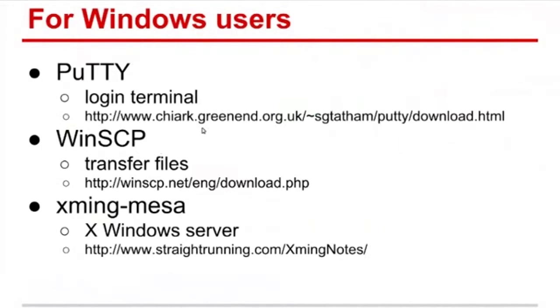In addition, if you want to do any graphical work, you need an X Windows server, and that one you can get is called Xming-Mesa. There is a version called just Xming, but for some things you need the Mesa version.